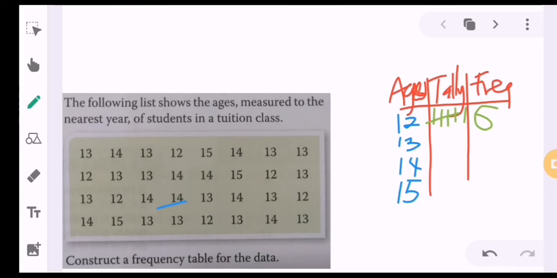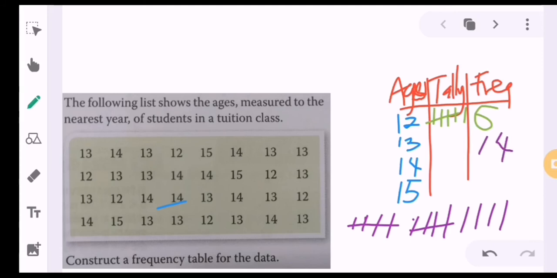It was 14, so 1, 2, 3, 4, 5. 1, 2, 3, 4, 5. That is 10. 1, 2, 3, 4. So we had 14. You write it like that, 14. Now let's check the number of 14s we have. We have 1, we have 2, we have 3, we have 4, 5, 6, 7, 8, 9.